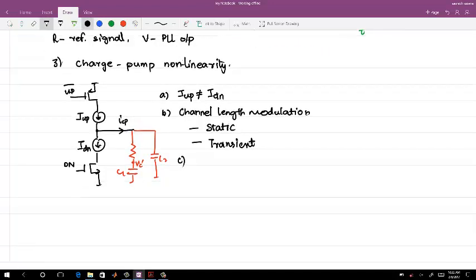So let's say this is your I up signal. Now ideally, and I'm drawing only the reset phase, the down signal should also be exactly matched.